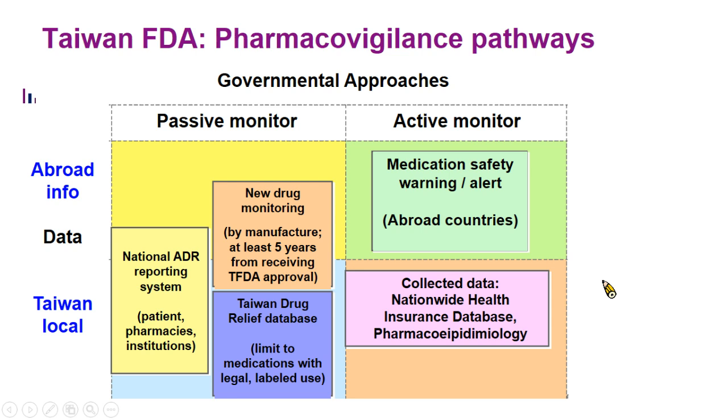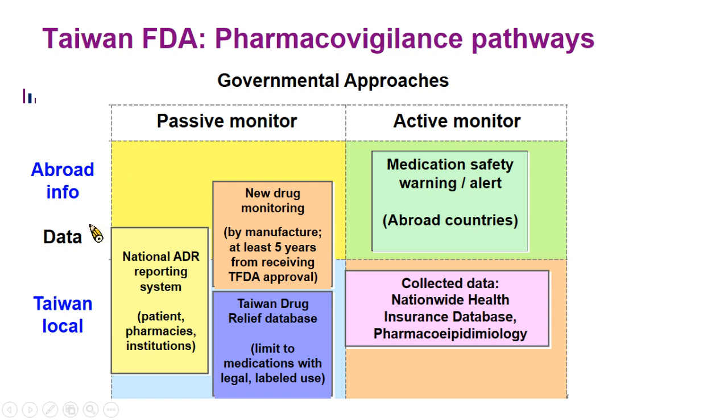And you can see a 2x2 table. As for the monitor part, we separate it into the passive monitor, which is collecting reports from patients or from the institutions, and the active monitor, where the government will do something actively themselves.